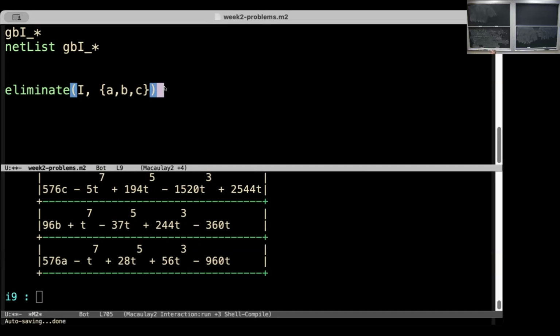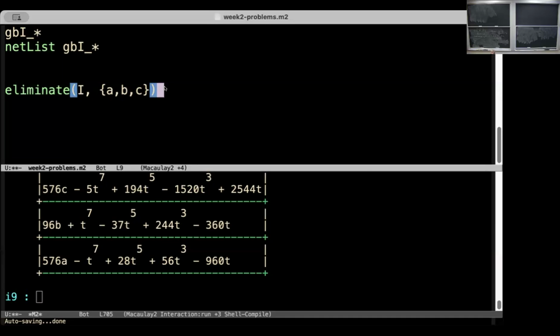So there are two ways that you could actually say this. You could say, give me all the polynomials in I that only involve these variables, or eliminate these variables and give me the rest. It's the same thing. But in fact, in Macaulay 2, you say it in terms of which ones you want to eliminate, not which ones you want to keep. There's no reason why you couldn't write a little function to do that.